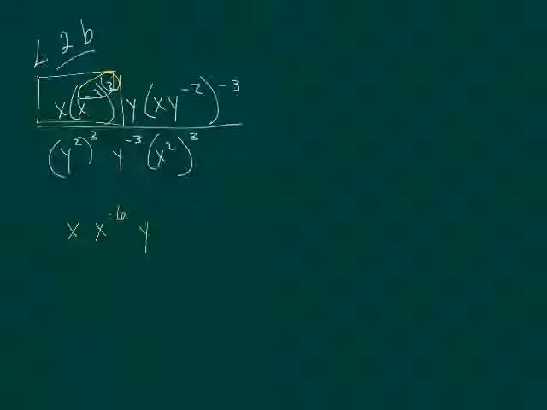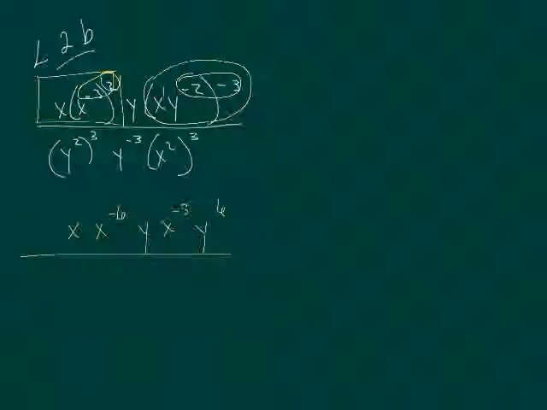Then we're going to put the y, and then we're going to use the power rule for this. So that'll be x to the negative 3, because this is an assumed 1, so 1 times negative 3 is negative 3, and y is going to be negative 2 times negative 3, which is a positive 6.